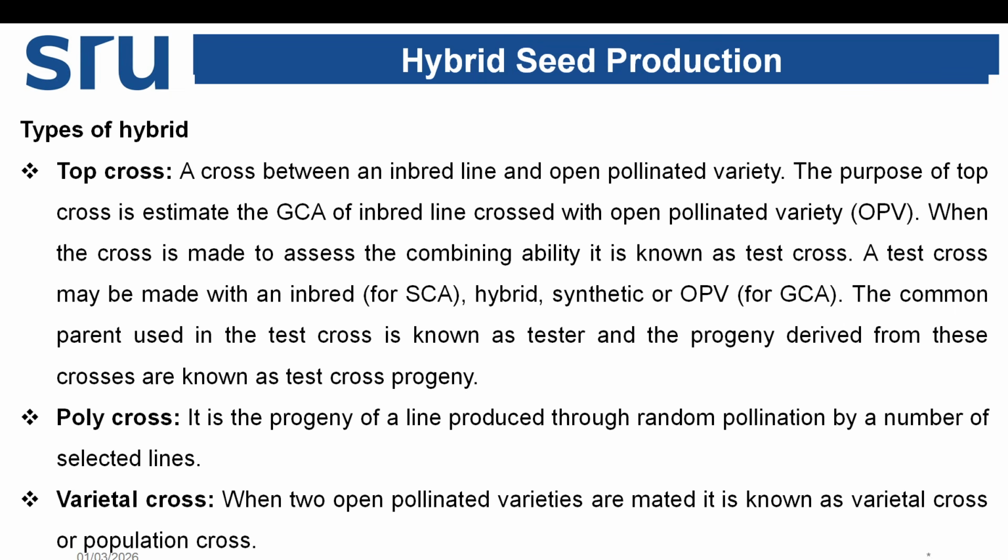When a cross is made to assess the combining ability, it is known as a test cross. A test cross may be made with an inbred for specific combining ability, or a hybrid, synthetic or open pollinated variety for GCA.